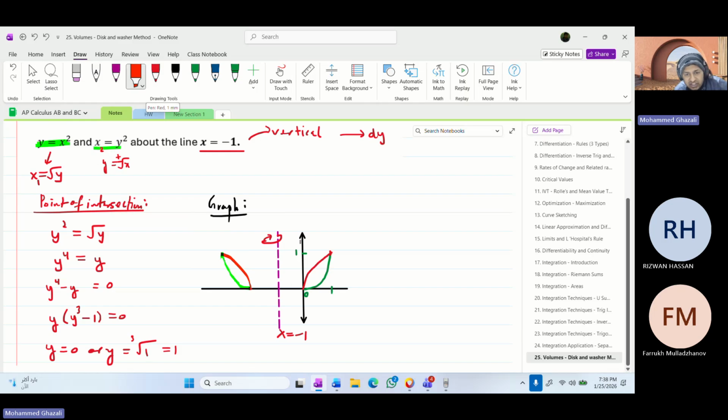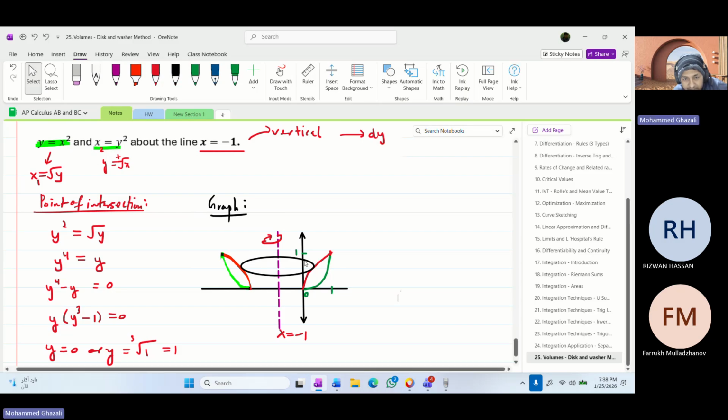Now, where's your cross section? Because you're rotating about this, there's a cross section here on the inside, horizontally. There's your inside one here. Take anything in between 0 and 1.